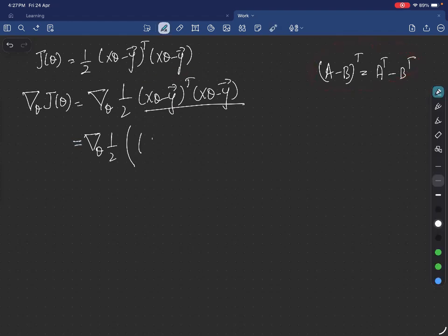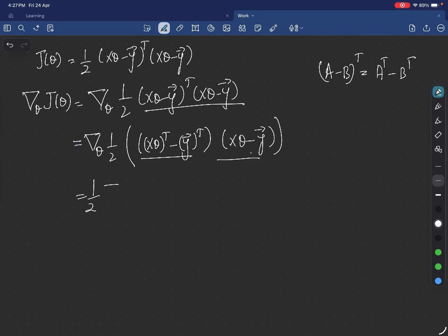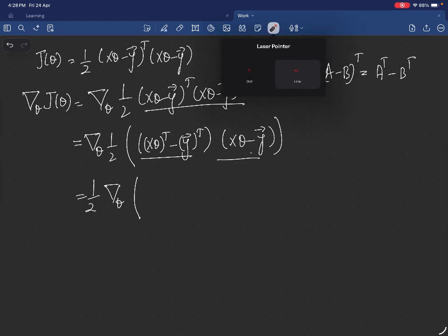We'll write (X theta) whole transpose minus y transpose, times (X theta minus y). I'll multiply these two terms, and I'll take 1 by 2 out of the differential as it's a constant, and we can write this as equal to, now multiplying this to both of these and this to both of these.